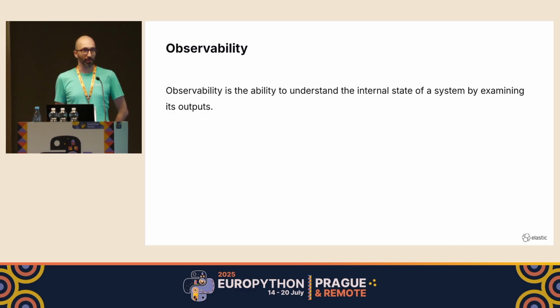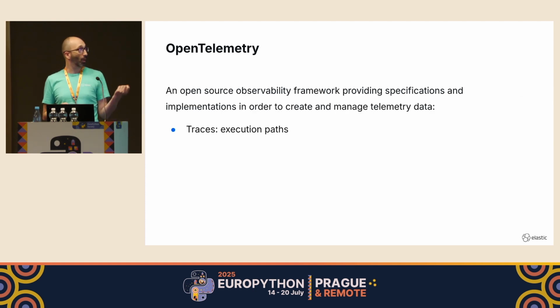So what is observability? Observability is the ability to understand the internal state of a system by examining its outputs. This means being able to understand a software system by looking at the telemetry data it exports. The telemetry data is about the program's execution, internal states, and the communication between the components of our system. OpenTelemetry is an open source and vendor-neutral observability framework.